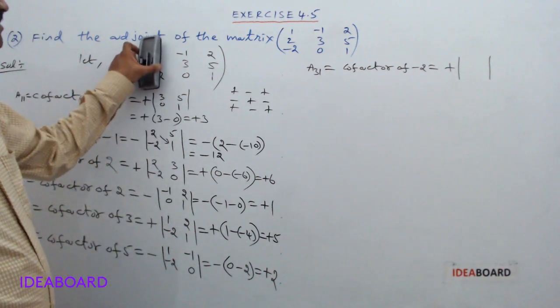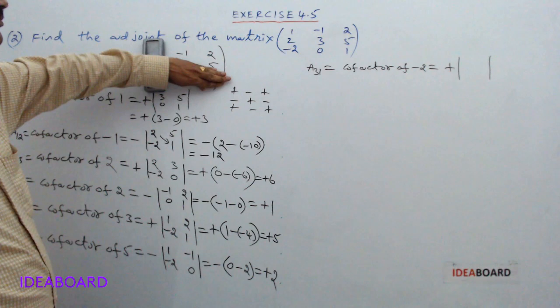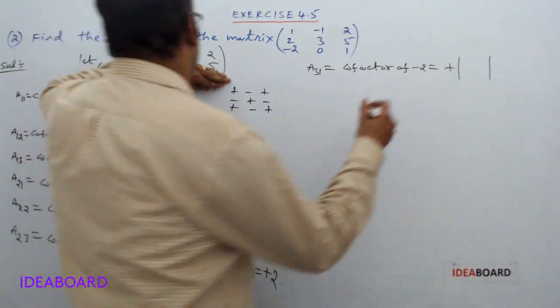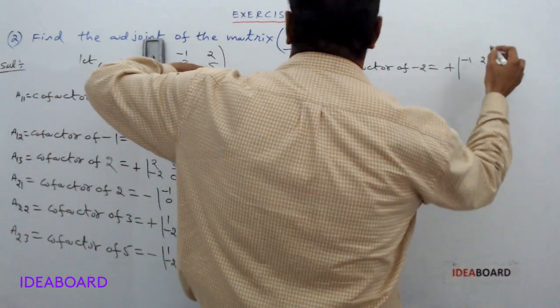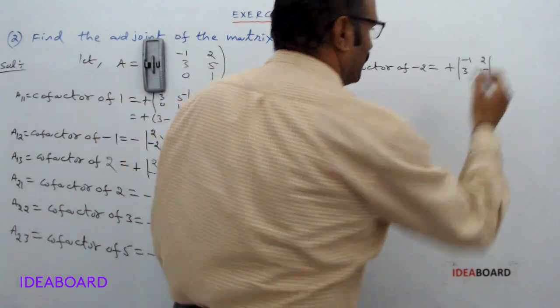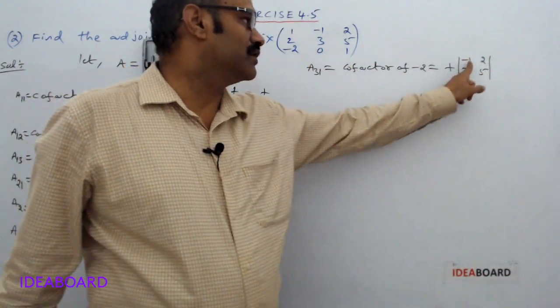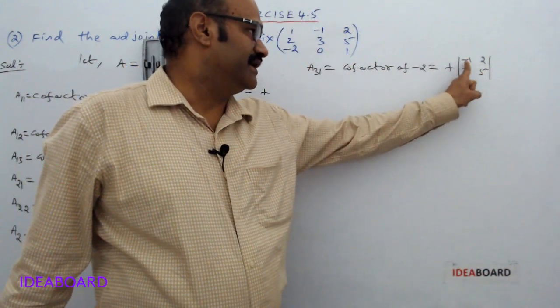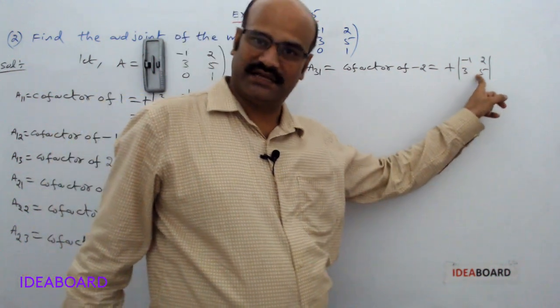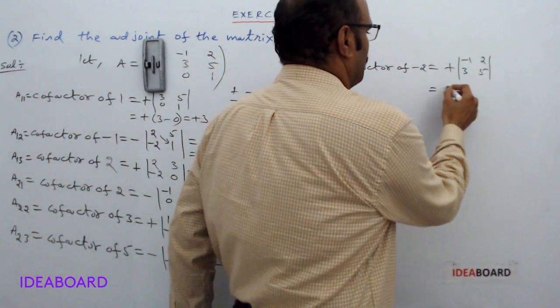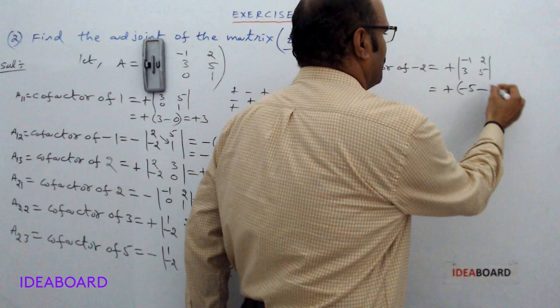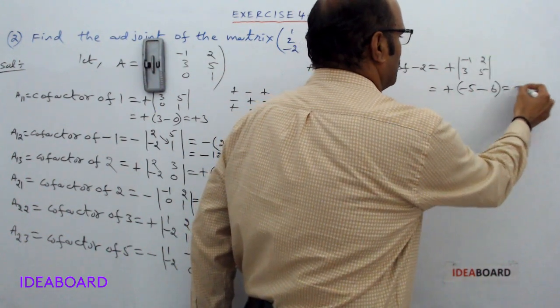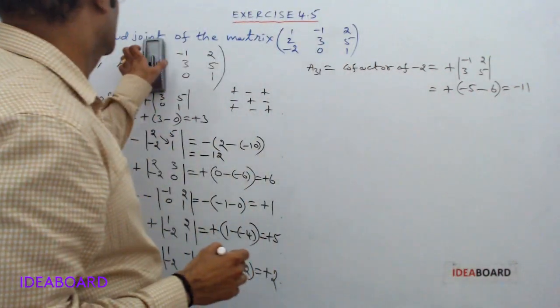So close the first column and third row. The remaining elements we have to take in a determinant minus 1, 2, 3, 5. Now we know that the determinant of a 2 by 2 matrix, we should take plus of here minus 5 minus 6 equal to minus 11.